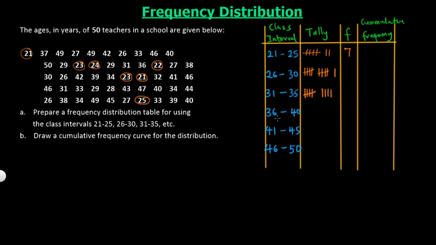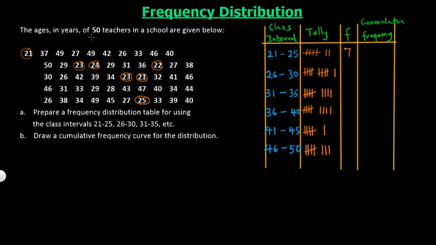For 36 to 40, looking through, we also have 9. For the next one, 41 to 45, we have just 6. And lastly, we have 8 for 46 to 50.